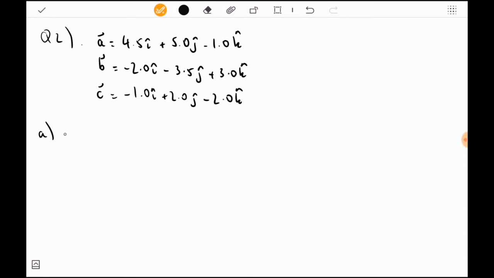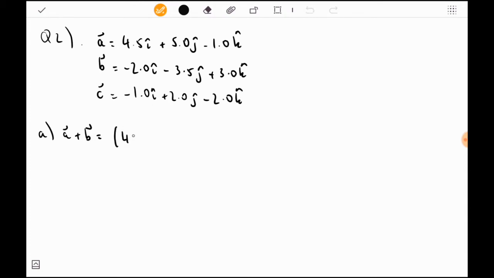Question A is just A plus B. When we are adding two vectors that are in i, j, k notation, it is as simple as adding the i components, adding the j components, and adding the k components.